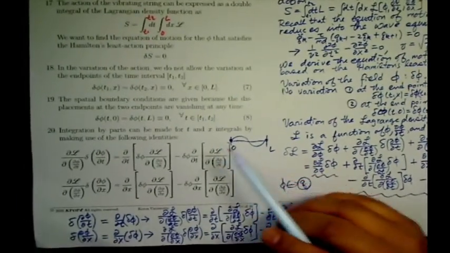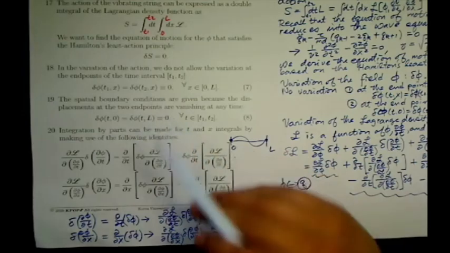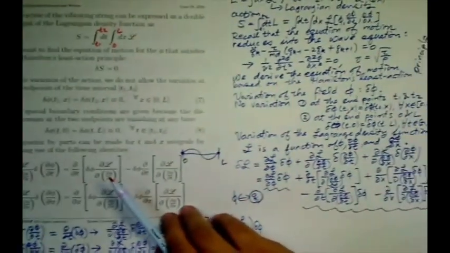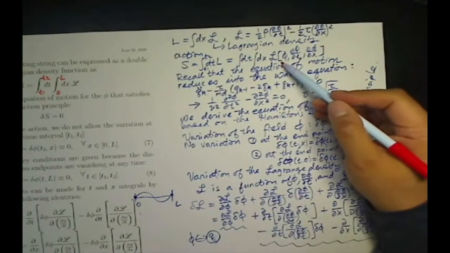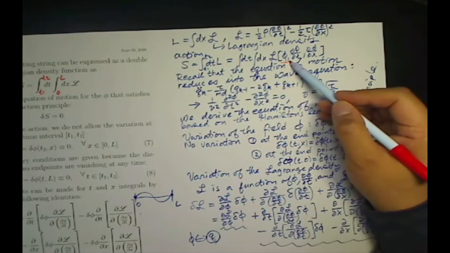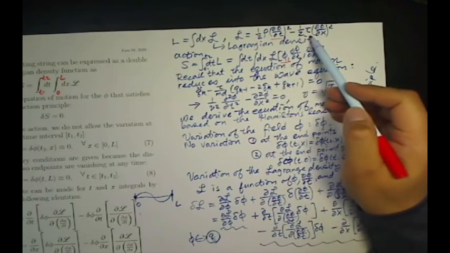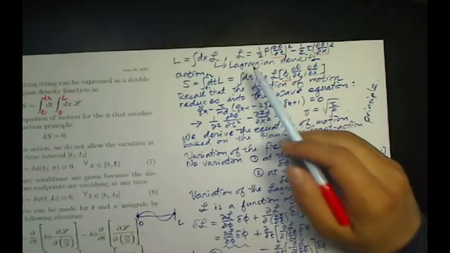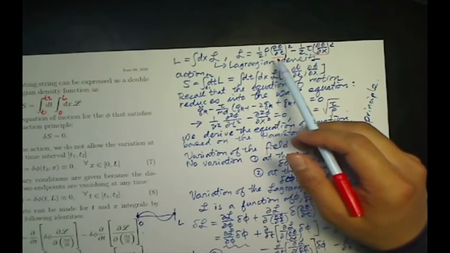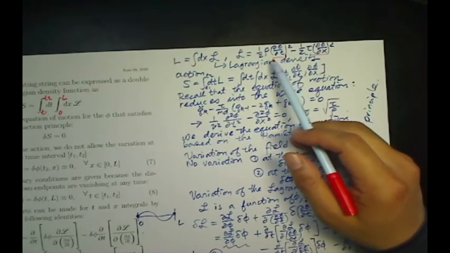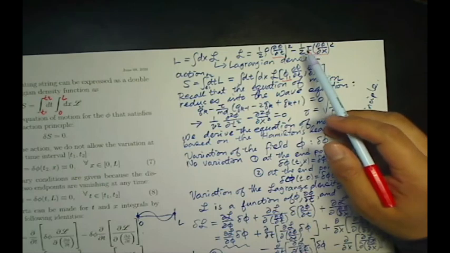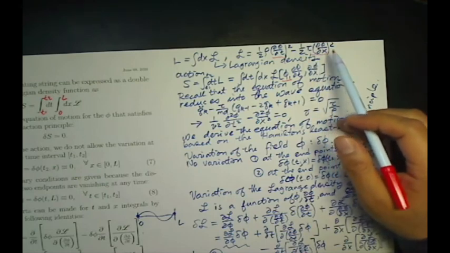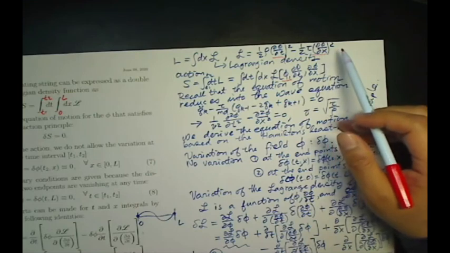Before we go ahead, we have some variation of the Lagrangian. The variation of the Lagrangian has to be done by considering the fact that the Lagrangian is a function of phi, that is a scalar field, and we do have derivatives of the fields, because the Lagrange density function for the vibrating string was 1/2 rho times the partial time derivative squared, minus 1/2 tension multiplied by the partial spatial derivative squared.